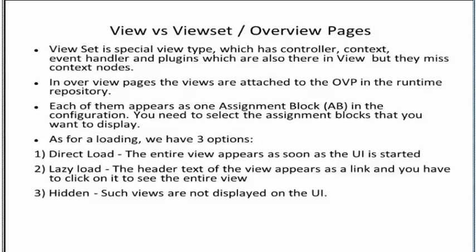But in the overview page case, though it is a single view area which is present, if you assign all the views to that single view area, it will display as different assignment blocks. This is the normal case which happens with the header components. In the header components, when you want to display multiple details, you will display them in assignment blocks.